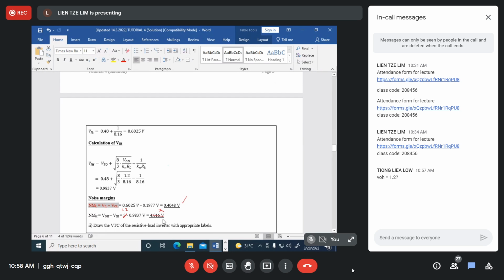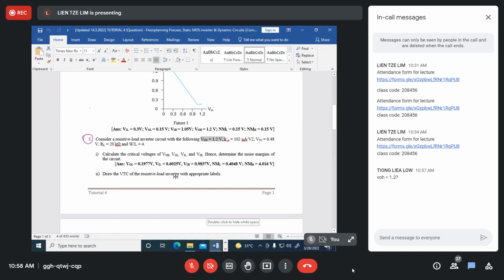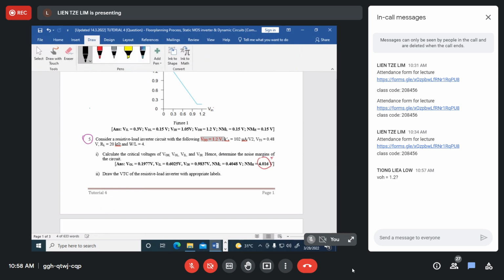So all of you, you need to take note. My answer here is wrong, so you need to do the correction. This is not correct, so you need to calculate yourself.